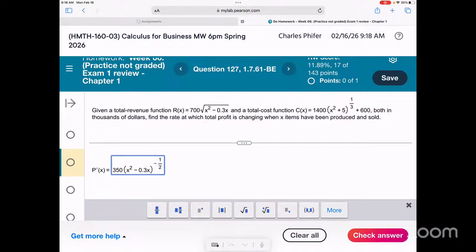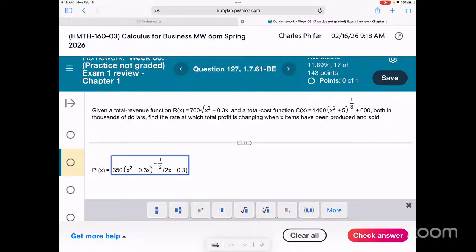And then we need to say times the derivative of the inside function. So it's going to be 2x minus 0.3. Okay. So that's r prime.